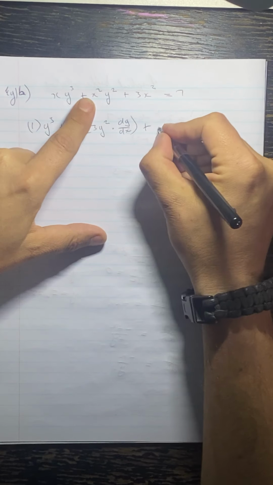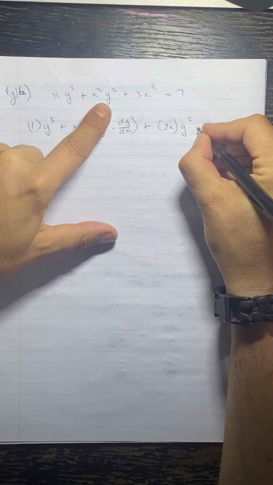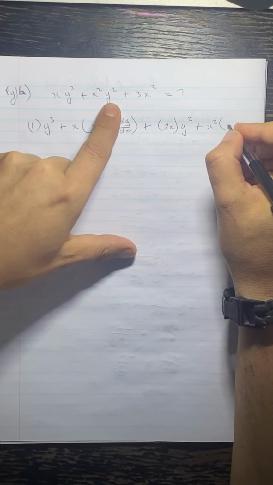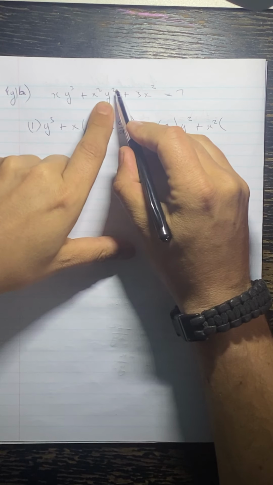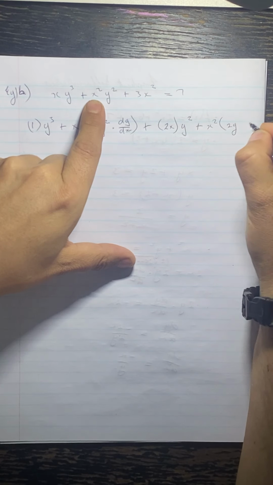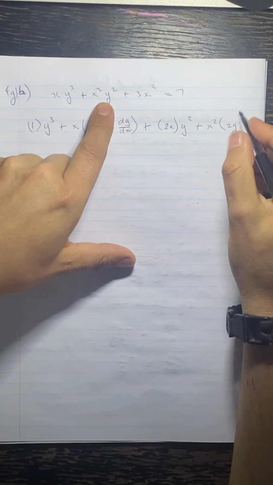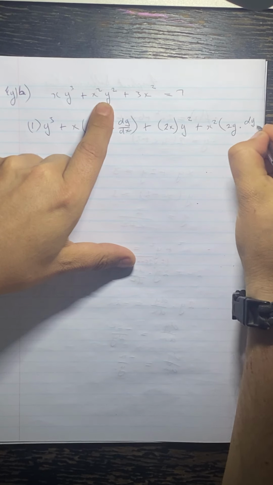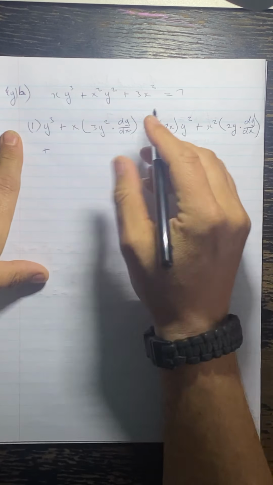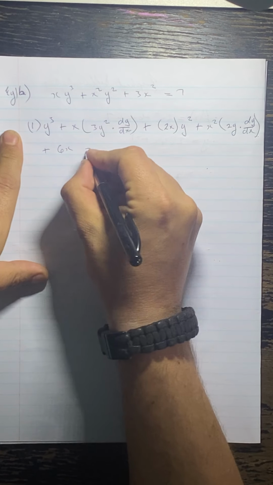So if we differentiate the first, we get 2x, leave the second, y squared, plus leave the first, differentiate the second. So multiply the exponent with the coefficient, so we get 2y, decrease the power by 1, so we just get 1, and then we have to differentiate the inside, so we get times by dy dx. Okay, plus differentiate this normally, so we get 6x, and that's equal to 0.